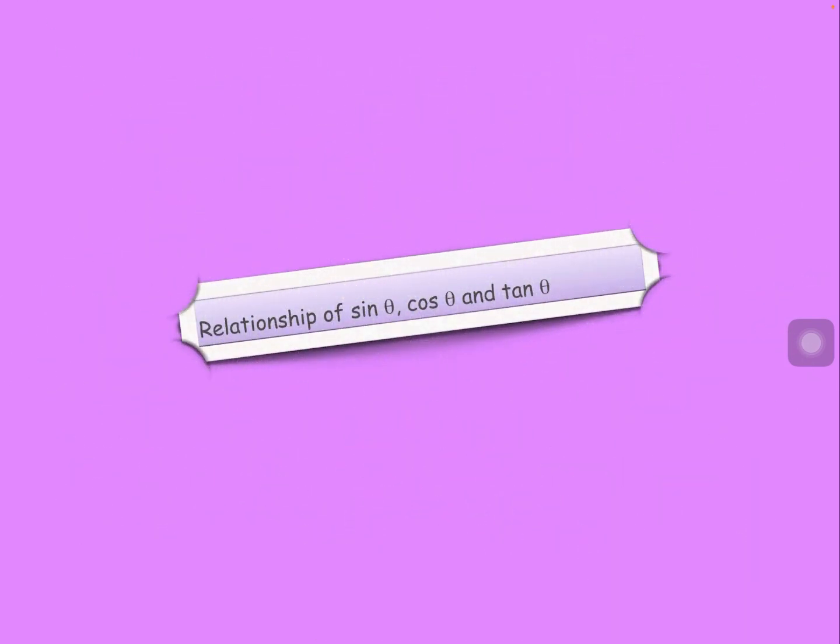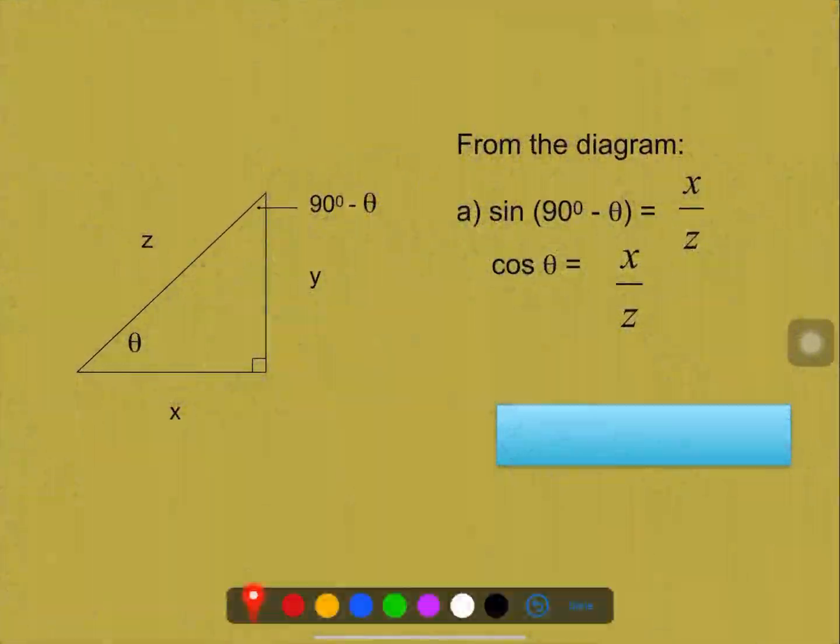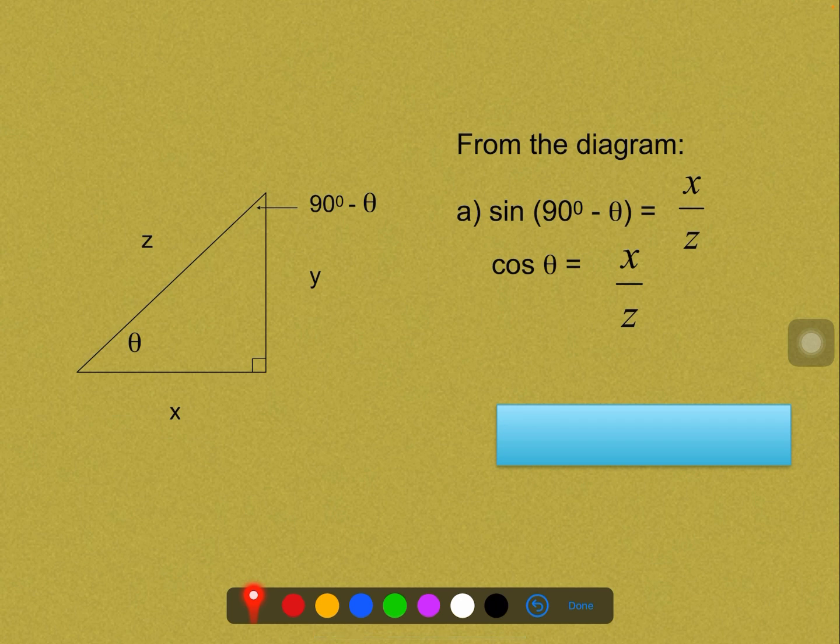Relationship of sin theta, cos theta, and tangent theta. From the diagram, we can have now sin 90 degrees minus theta; we are referring to this angle, which is 90 minus theta, and this is the angle theta.